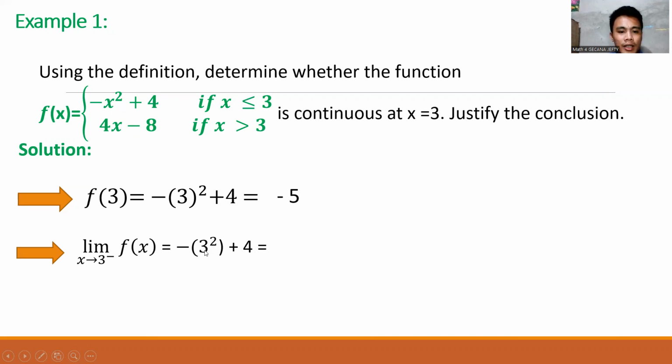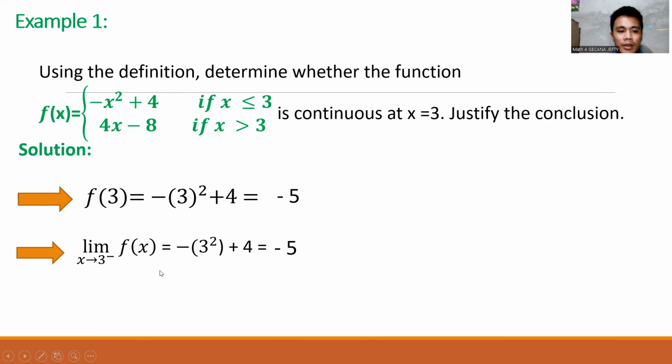Then we substitute 3 for x. So we have negative 3 squared plus 4, which equals negative 5, because 3 squared is 9, so negative 9 plus 4 is negative 5. So the limit from the left is equal to negative 5 as x approaches 3.